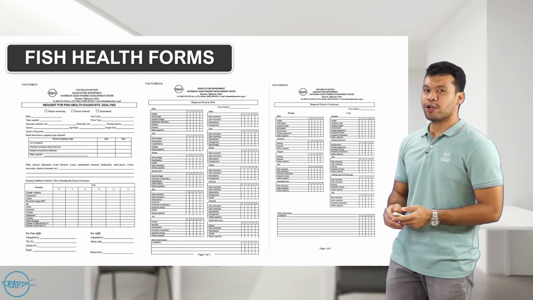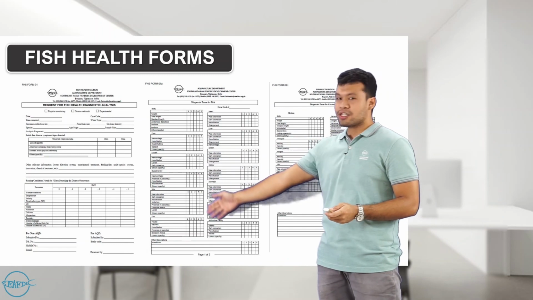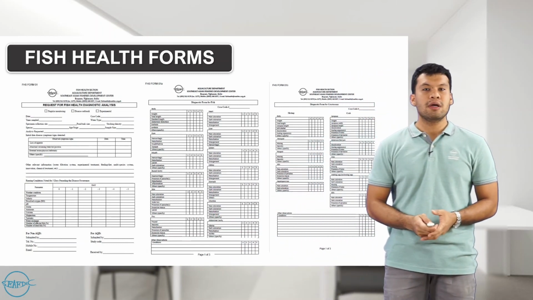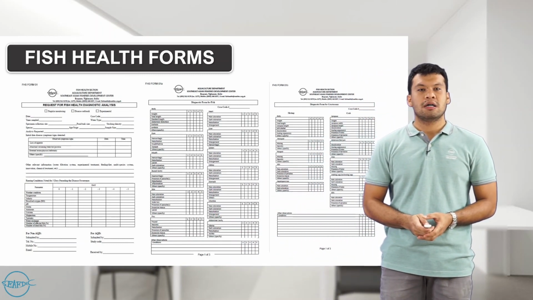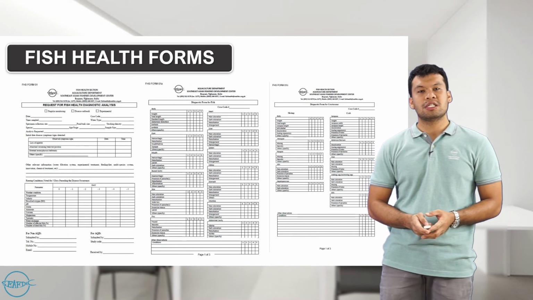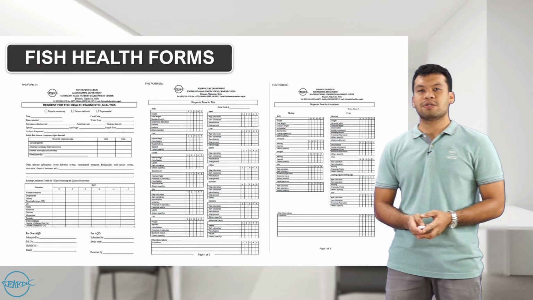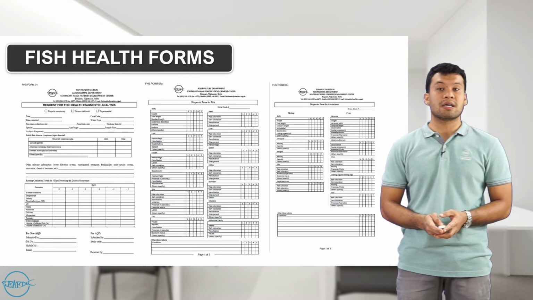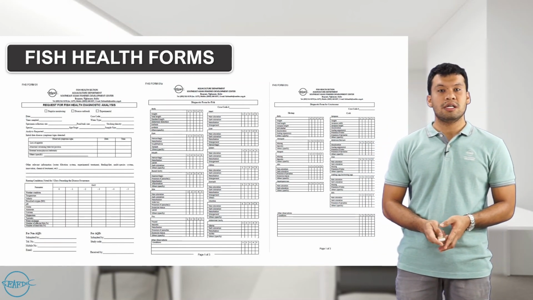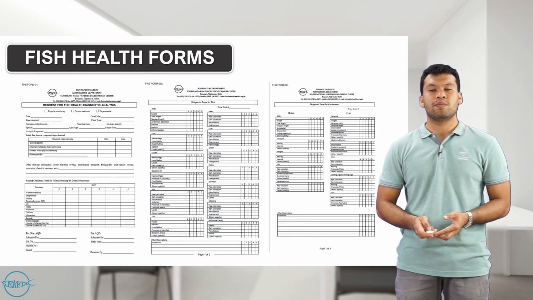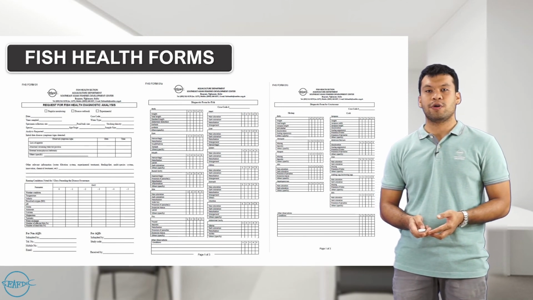For your fish, we have this form in which we can check the different types of morphological changes, especially in the different tissues of your fish upon dissection. We'll consolidate that later, and then we'll have a final diagnosis for your fish.